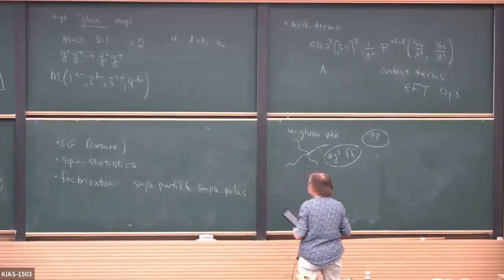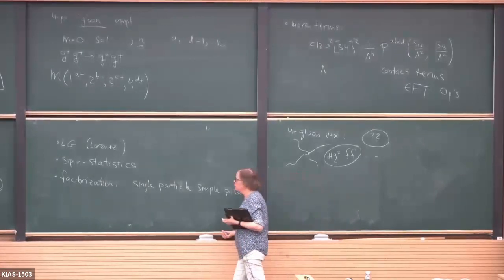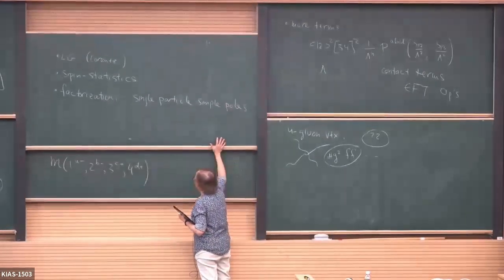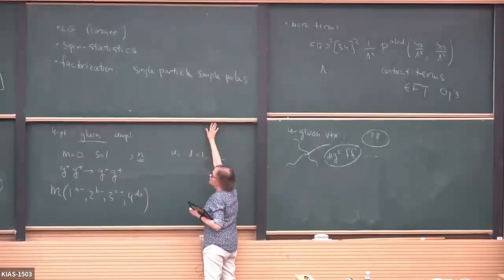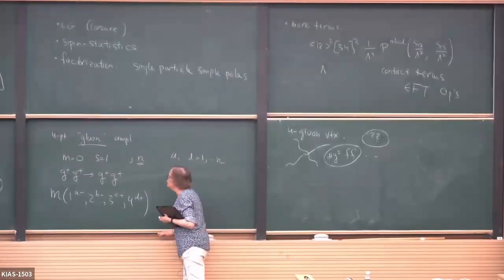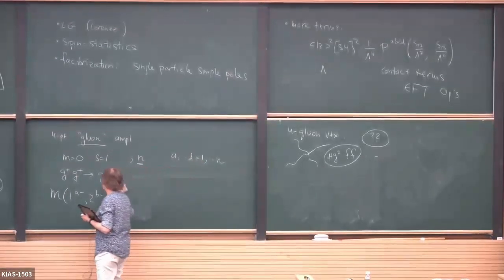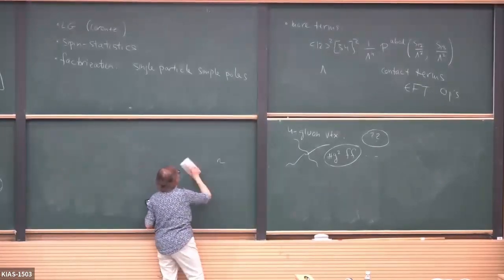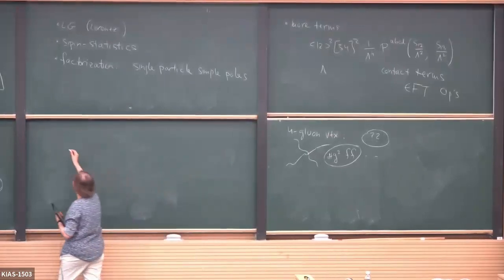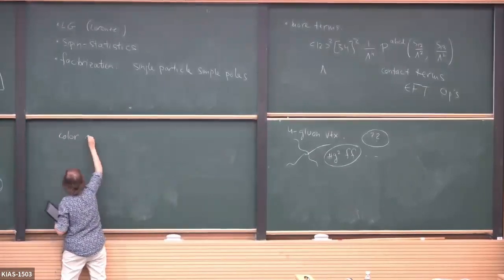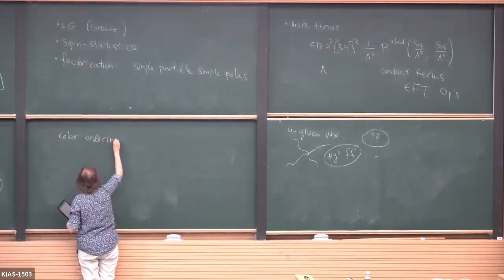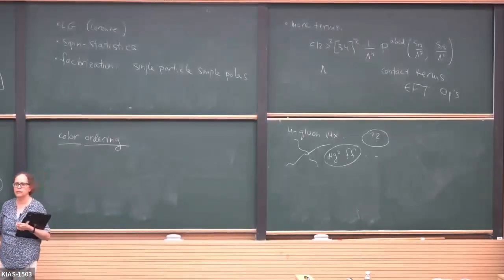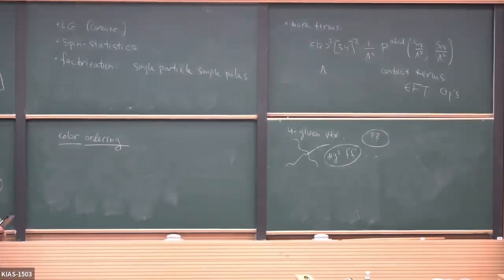So now there is one more tool that I want to mention, which is kind of practical and also related to the structure that we've been discussing, which is something called color ordering. So now remember that we already know that we're dealing with a gauge theory, okay?